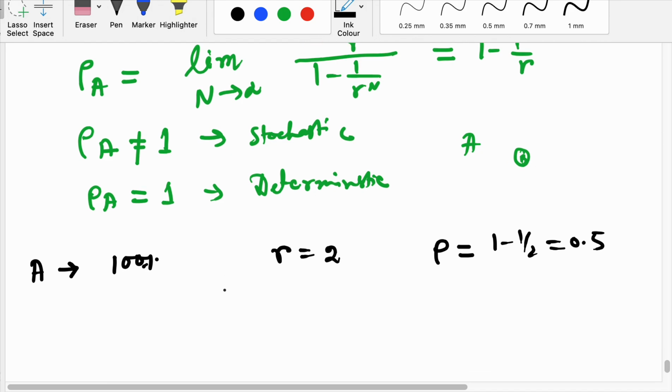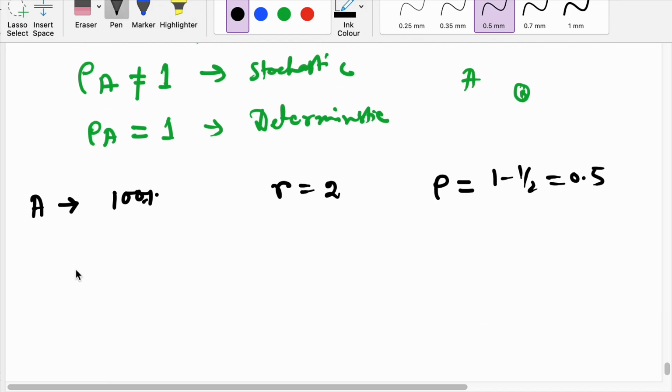Now suppose a mutant is just slightly better than B, has a 1% advantage relative to it. That means R is equal to only 1.01. Then what will be the fixation probability? If you calculate it, you will get that it is very low, that is 0.016.